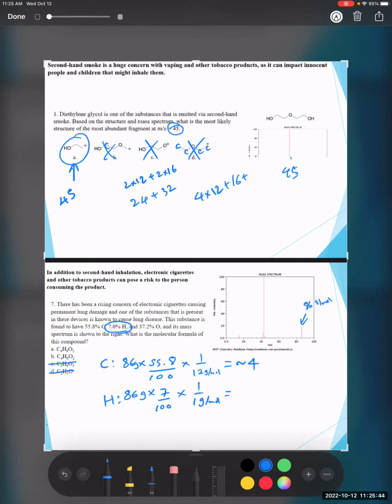And if you do that, you're going to get 86 times 7 divided by 100 and divided by 1, and you're going to get about 6. So that's going to eliminate option A. So we're going to be left with option B. That's the other way of handling this problem.